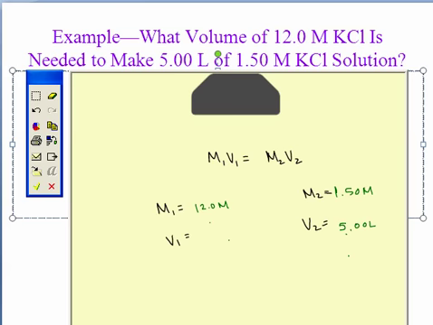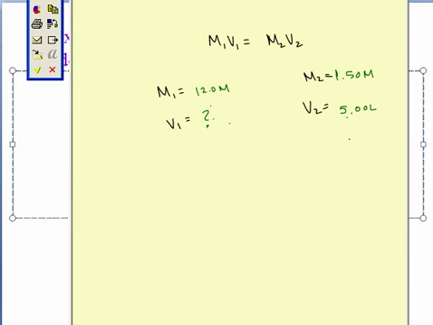So the problem is asking what volume of this molarity do I need to make this final solution. If we look back at the equations that I've written out, we see that to solve for V1, that's going to be equal to M2V2 over M1.